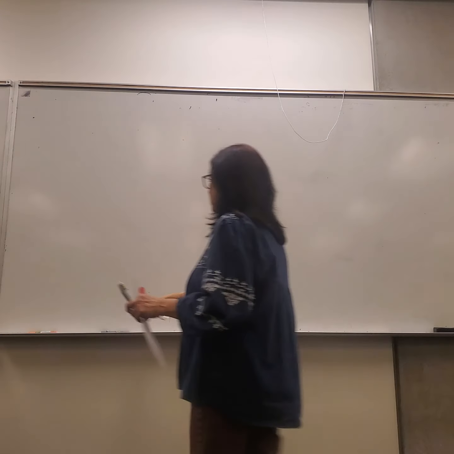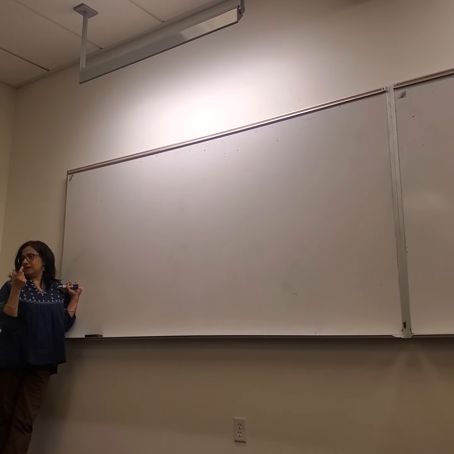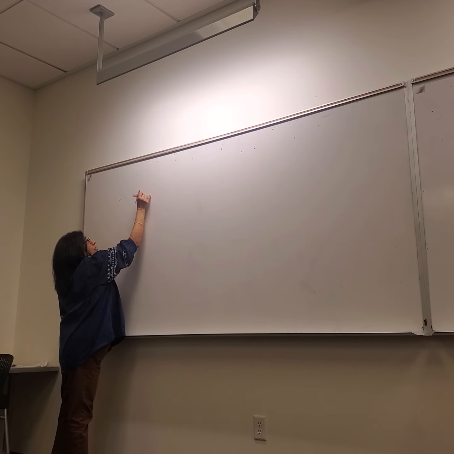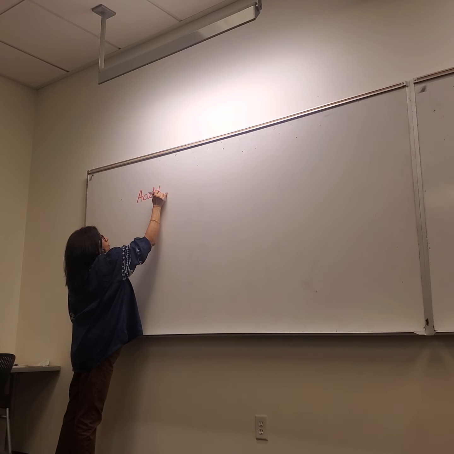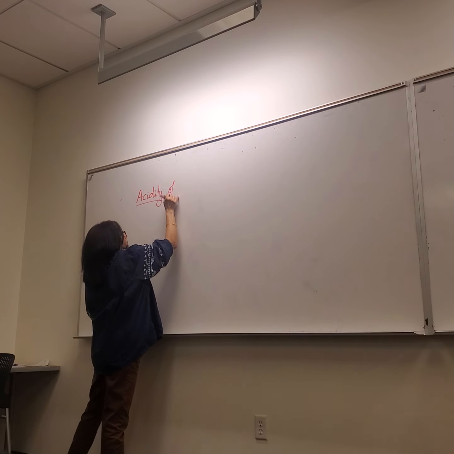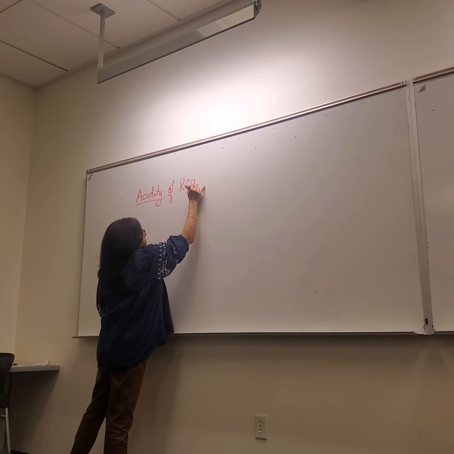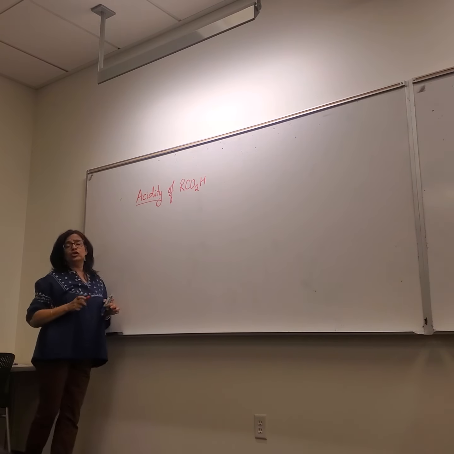We have seen carboxylic acids before, first quarter, when we were learning about acids and bases. So, in general, would you expect carboxylic acids to be acids or bases? Acids. So let's talk about acidity of carboxylic acids. They're not very strong acids.